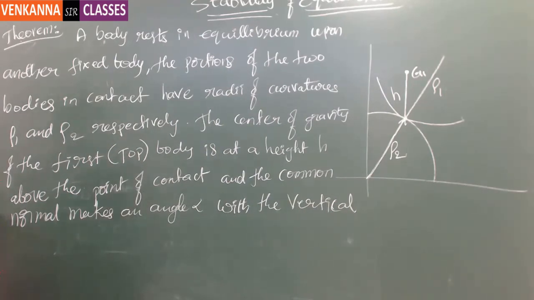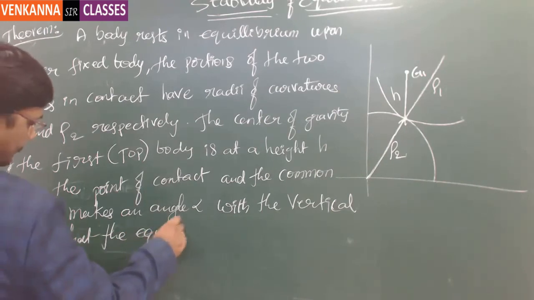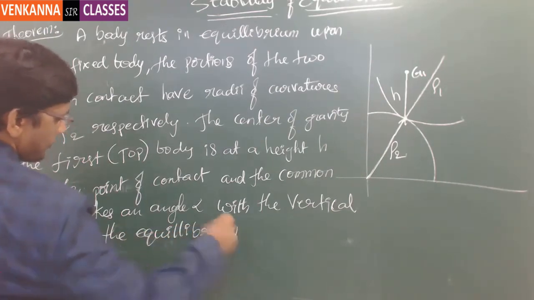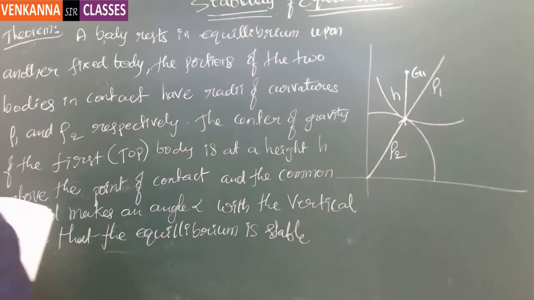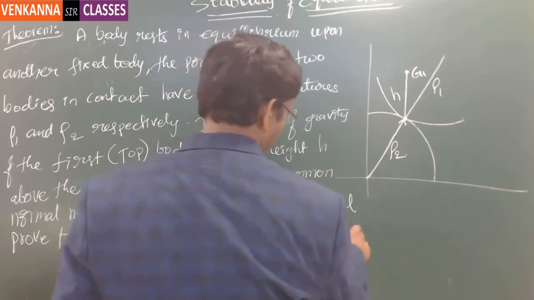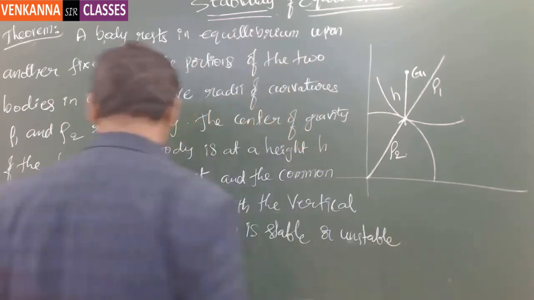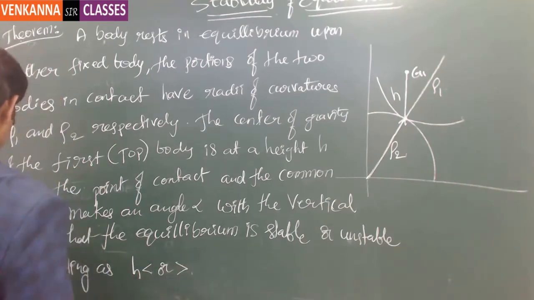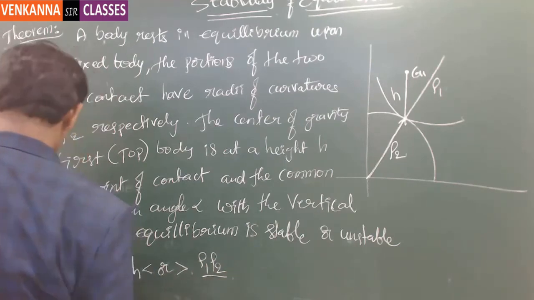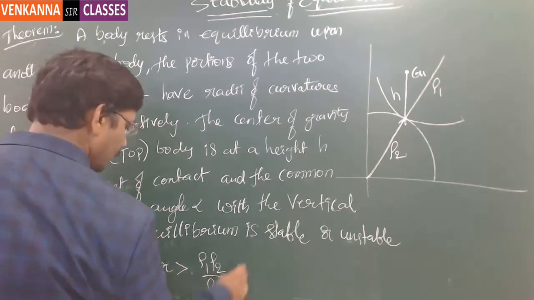Prove that the equilibrium is stable or unstable according as h is less than or greater than rho 1 rho 2 by rho 1 plus rho 2 cos alpha.